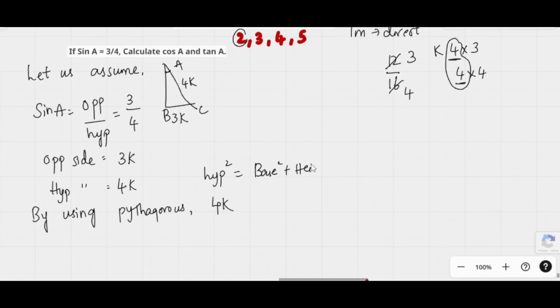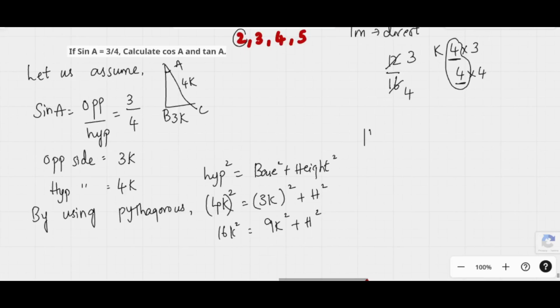Write it step by step, don't miss it. (4k) square is equal to the base (3k) whole square plus height square. So 16k square is equal to 9k square plus height square.